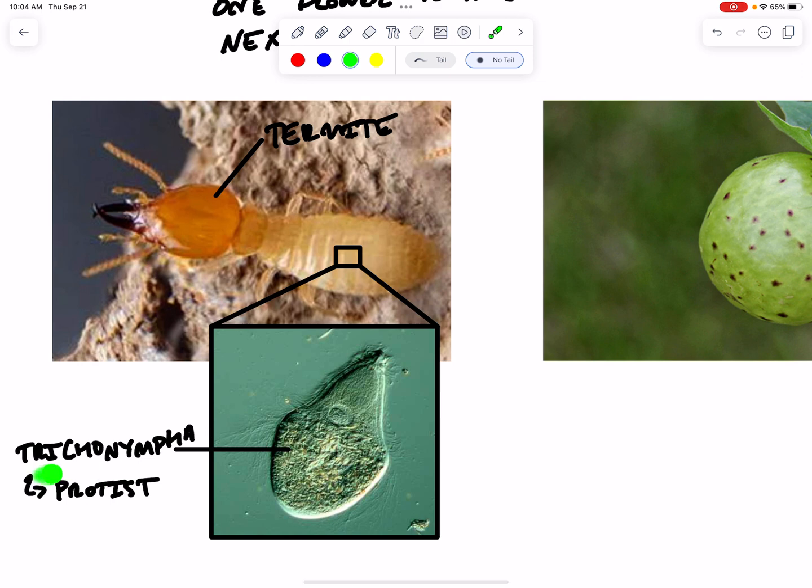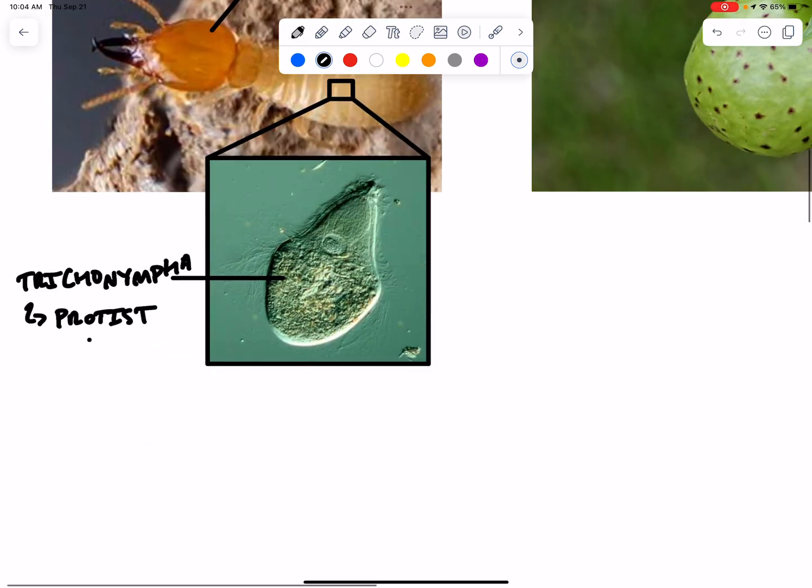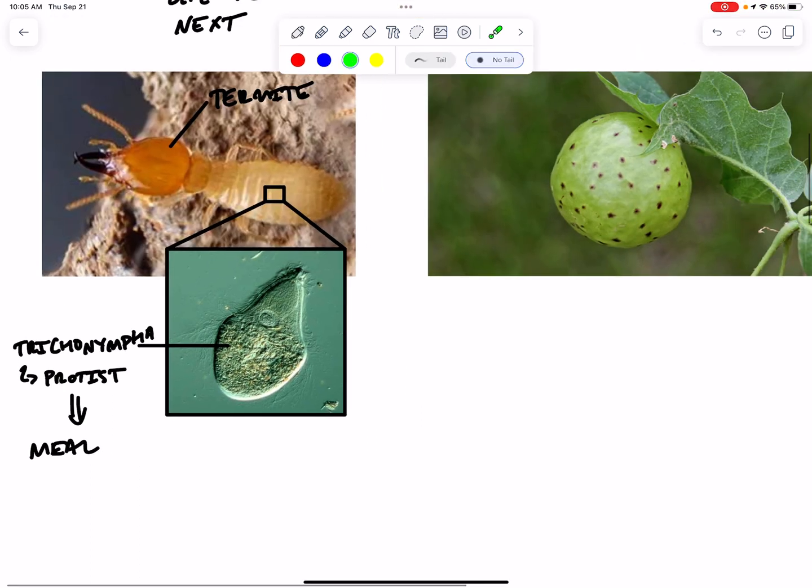They rely on the Trichonympha living within their gut to break down the cellulose for them into glucose. So this is a close mutualistic relationship between the termite and the Trichonympha, because the termite is supplying the Trichonympha dinner.